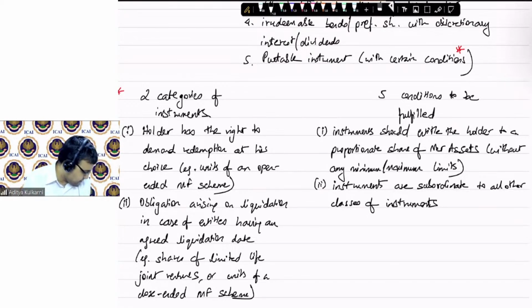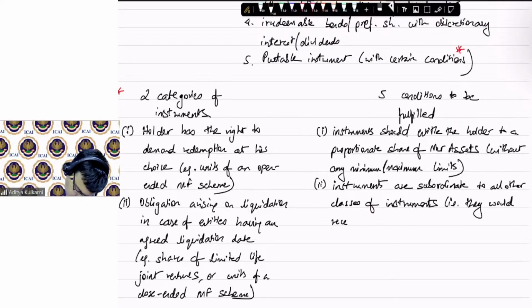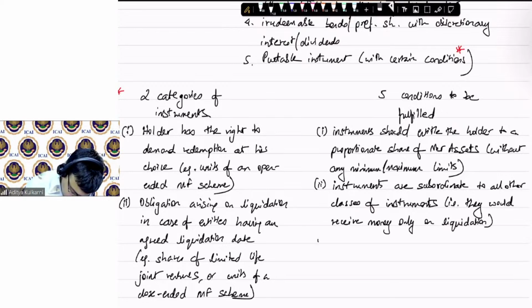That is, they would receive money only on liquidation.